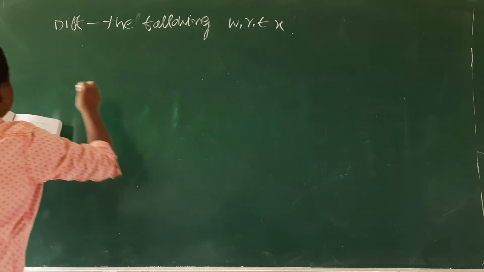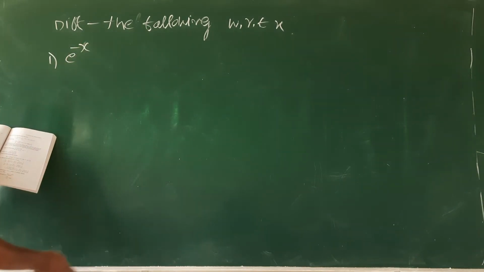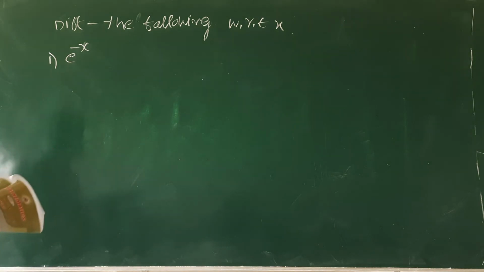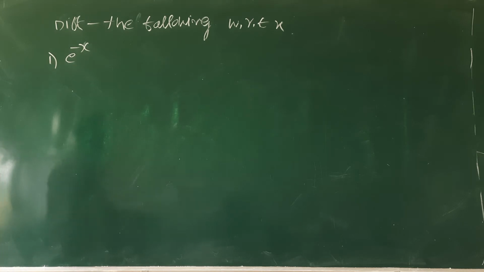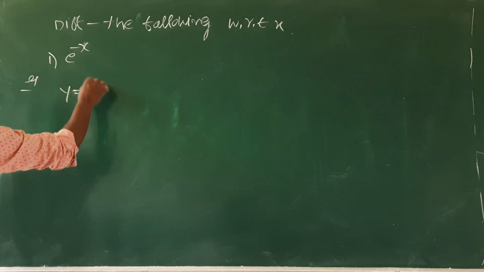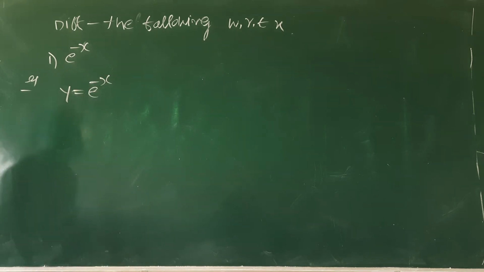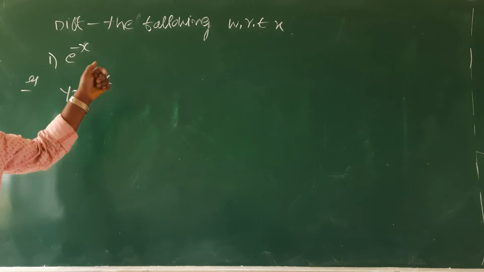First one, e power minus x. Now let us apply the rules. Just before, I told you all the rules. Solution: take y equals e power minus x. Clearly it is in the form of e power fx.